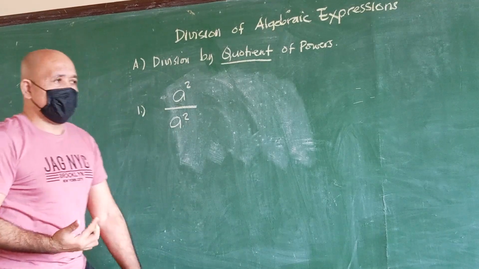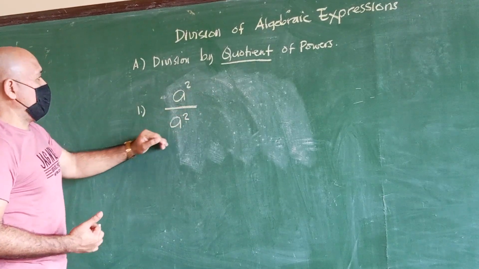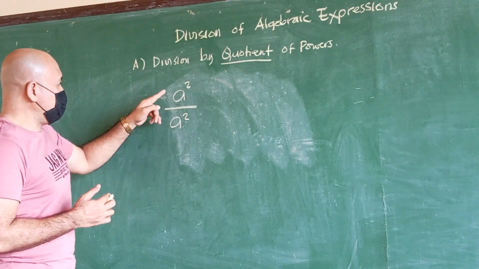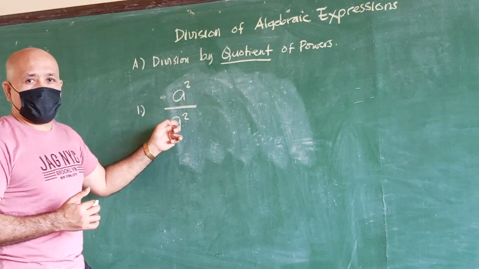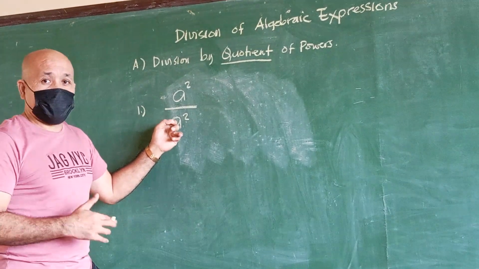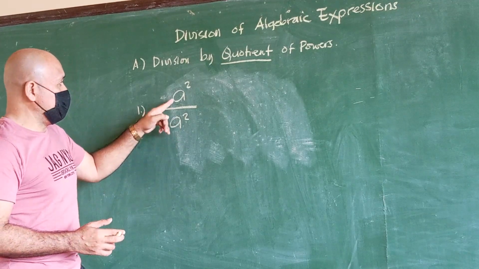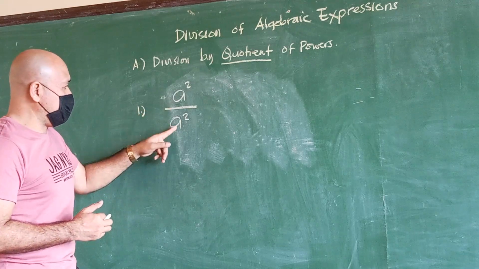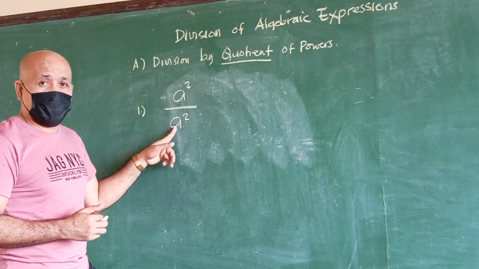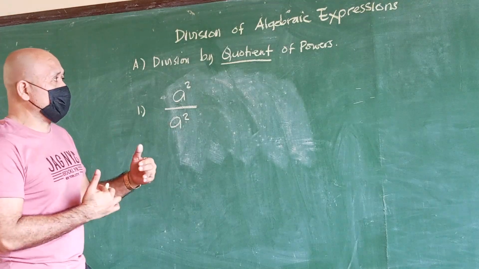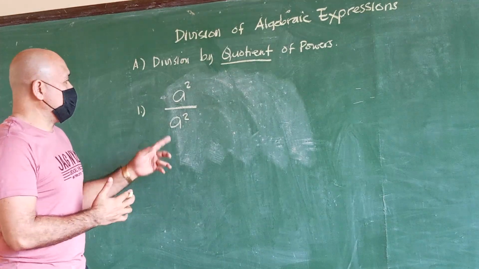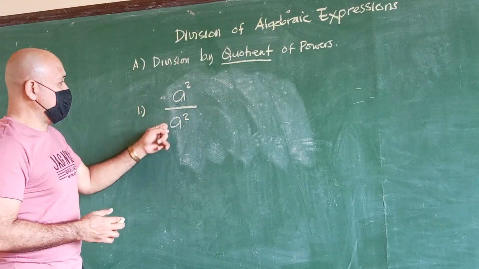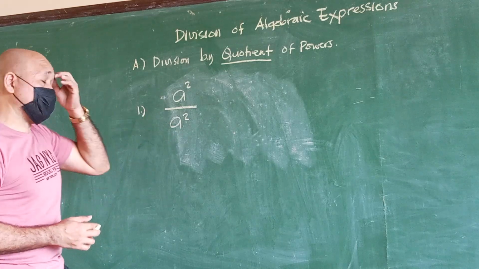And at the same time, the idea of the quotient of powers here only involves cases where the base of the numerator and the base of the denominator are the same. So as you can see, the numerator has a as the base, and the denominator also has a as the base. So again, for the quotient of powers, the bases of the numerator and denominator are the same.